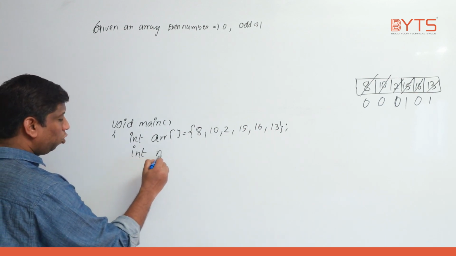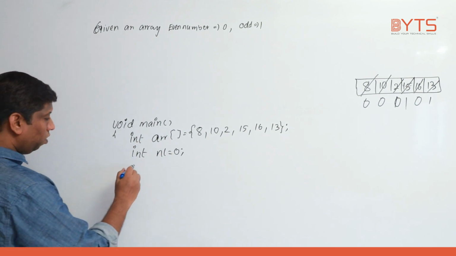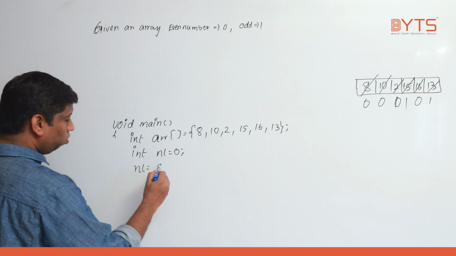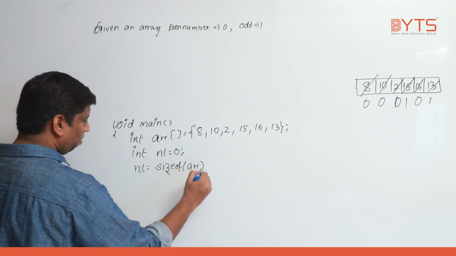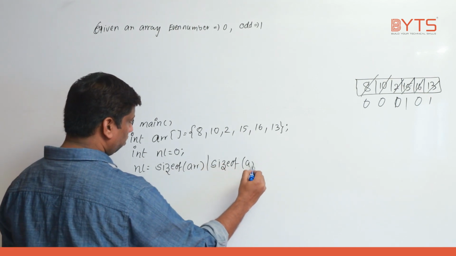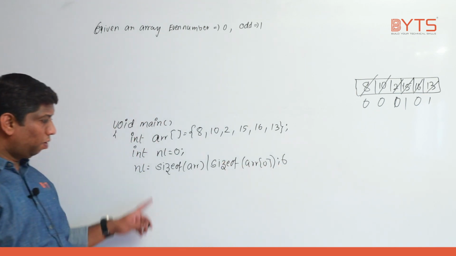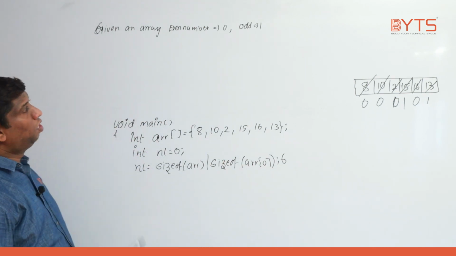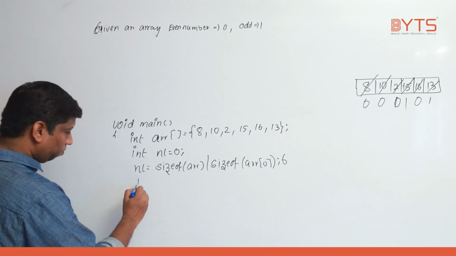It's good programming practice to write int number of elements. Next, NL is equal to size of ARR by size of ARR of 0. So this will give you 6, right? Number of elements are 6. Then how can I pass? I will make a function named modify array.